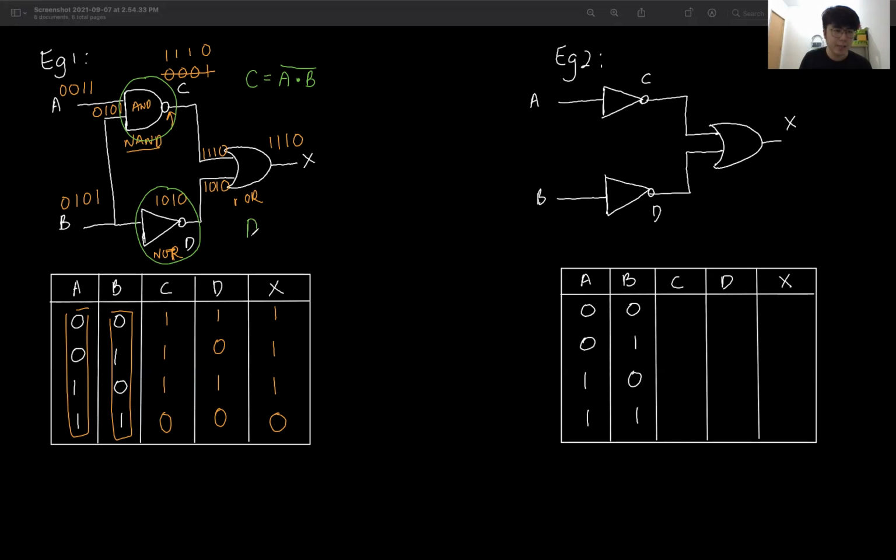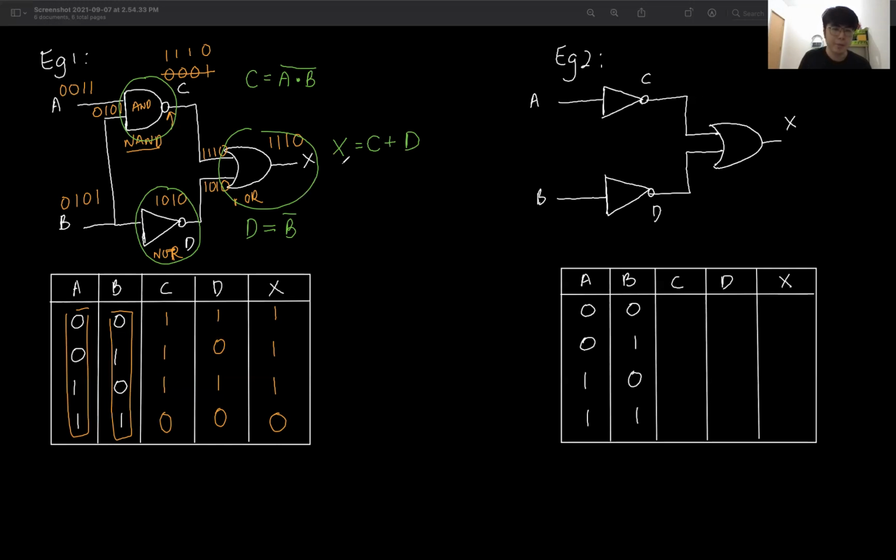So D, the outcome, equals not B. So we get these two expressions, and there's one more at the end. We write X equals, this is C coming in and D coming in. And this is an OR gate. So I will write C or D, C plus D, because OR is a plus.